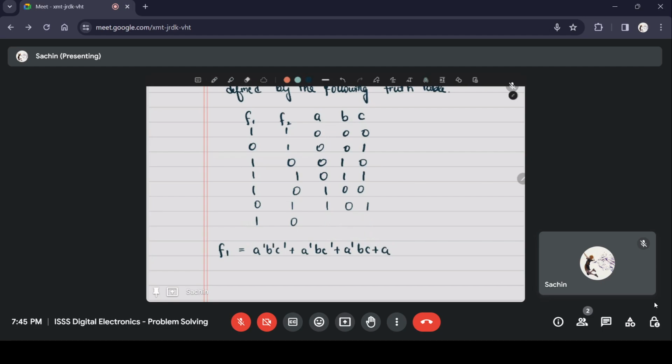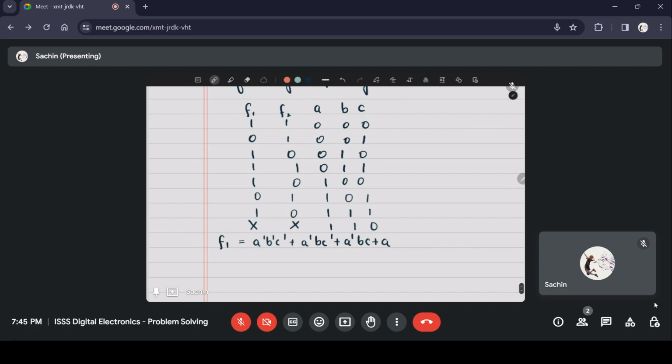That means for 1 1 0 you can take that as a don't care condition. Well, that won't be useful now, but in simplification using K-maps that will be useful.